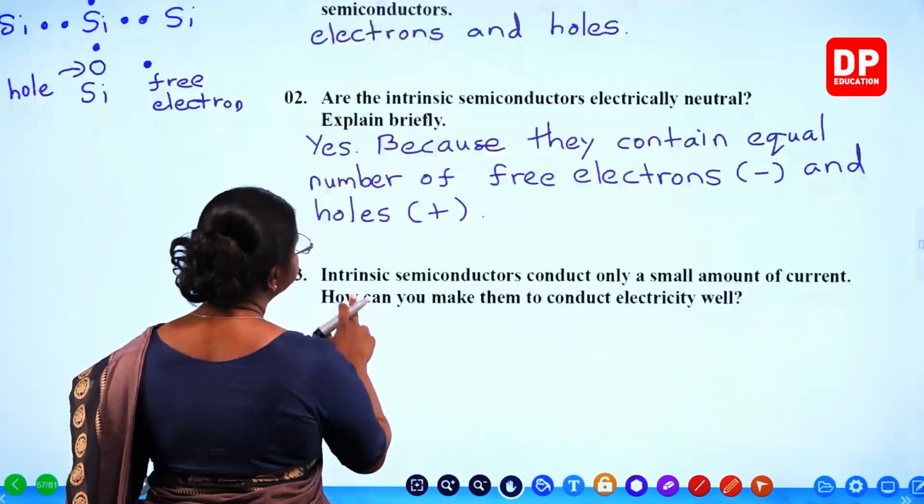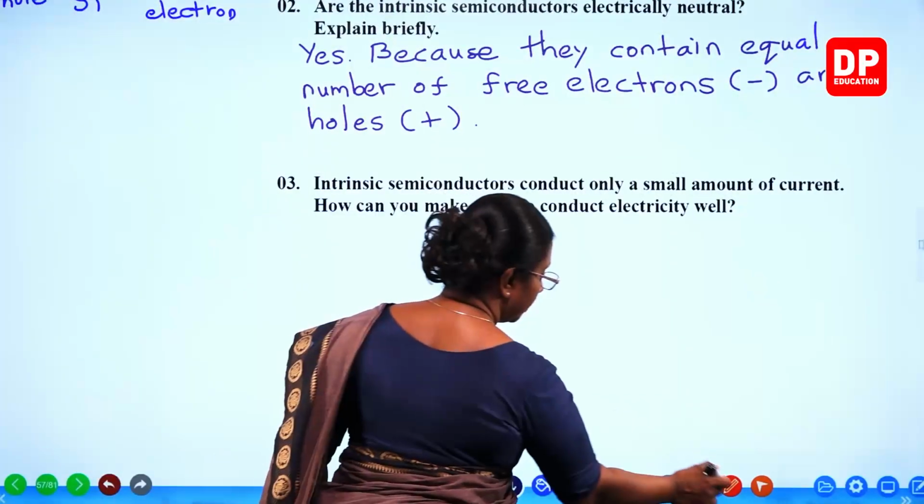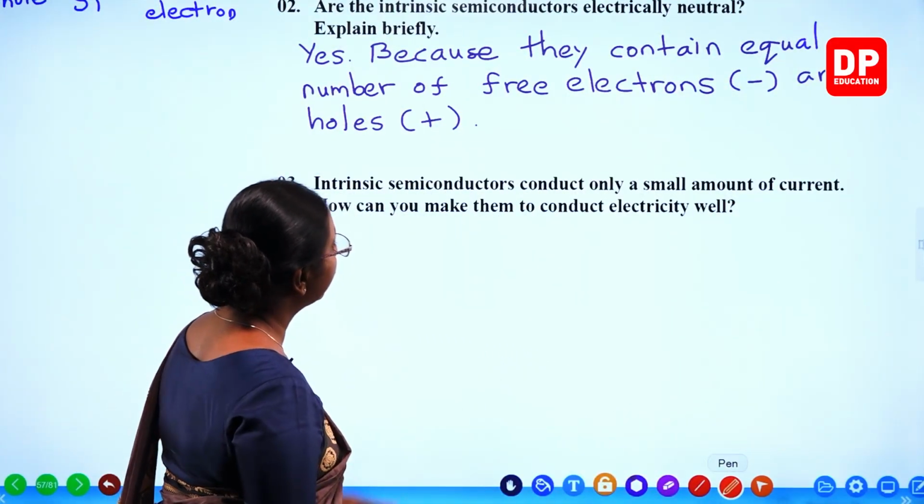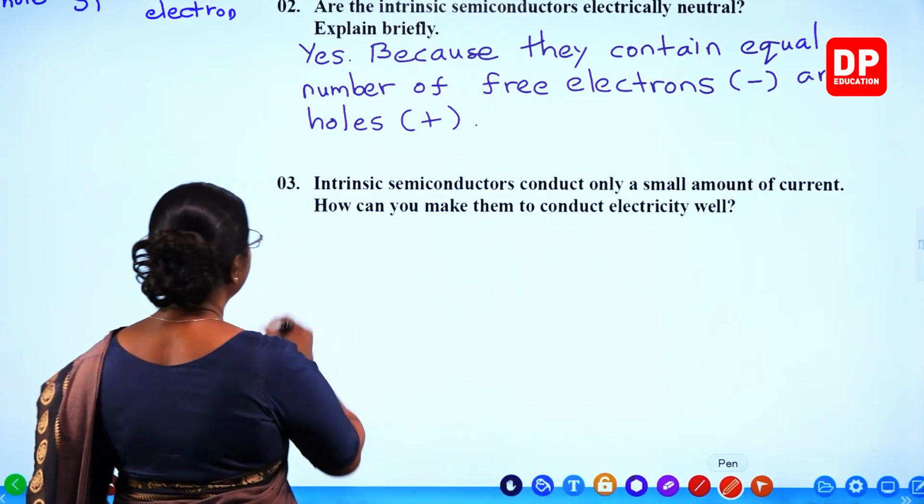So here, the question is, how can you make them conduct electricity well?